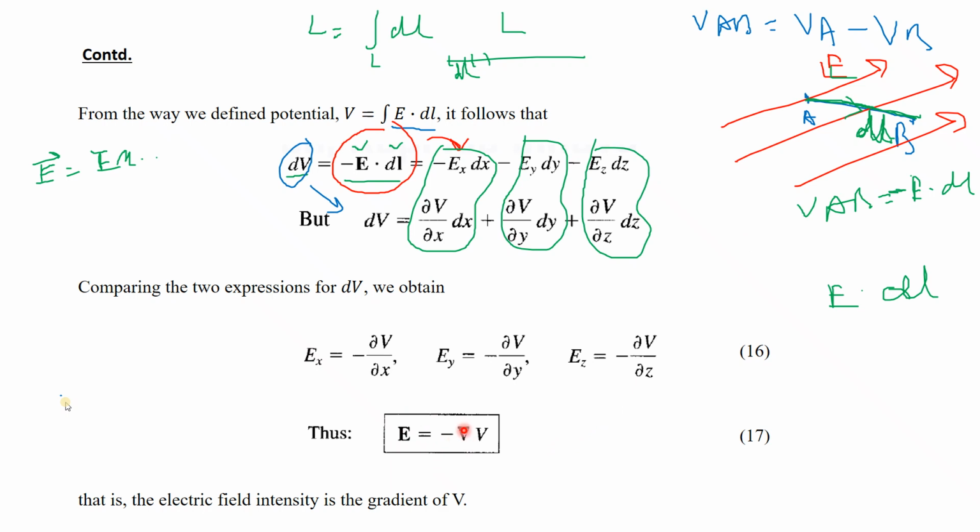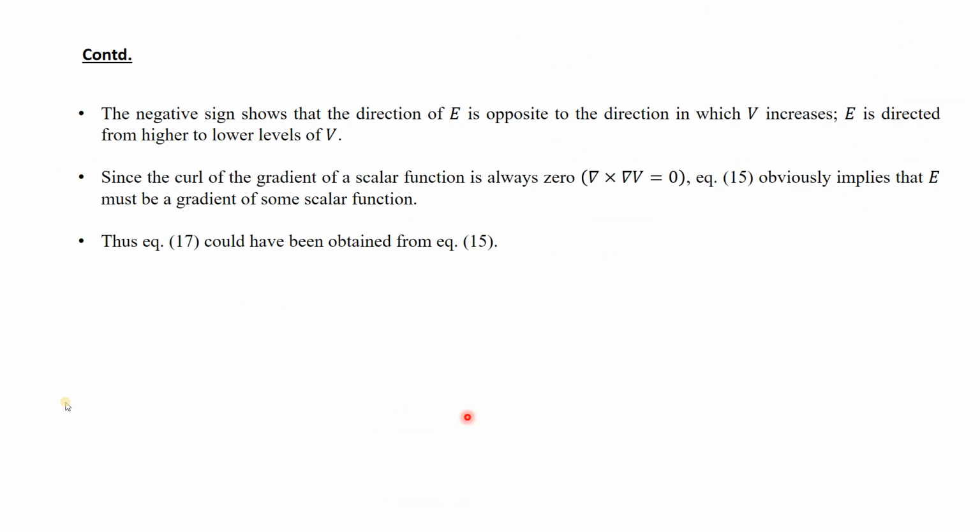OK. Now curl is 0, then E is equal to minus gradient of V. From here we can write in this way: curl of E is 0. Number one equation, Maxwell's second equation.